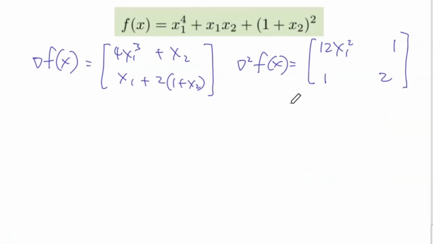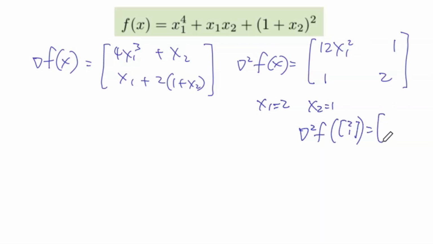This is the Hessian. At s2 equal to 1 and s1 equal to 2, we find the Hessian is equal to, substituting 2 here, 48, 1, 1, 2. This is a positive definite matrix. Why? First, 48 is greater than 0.